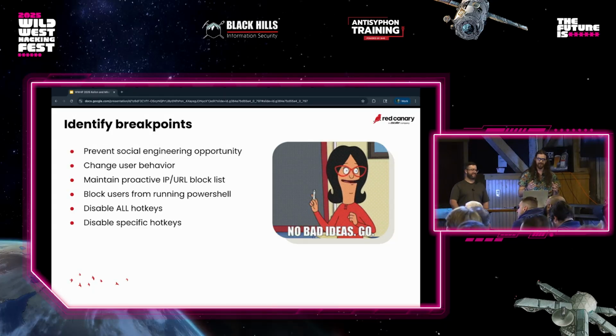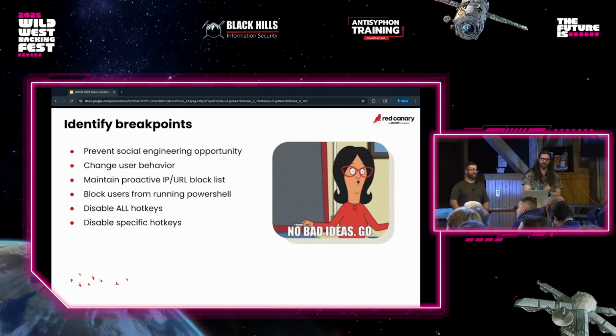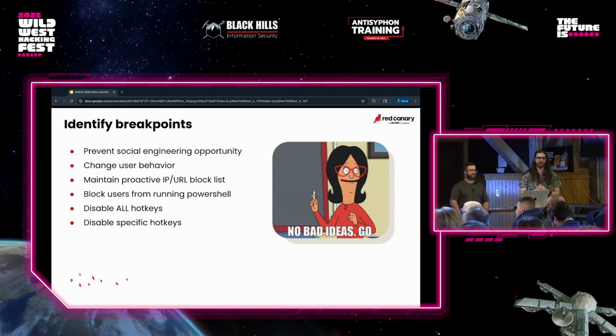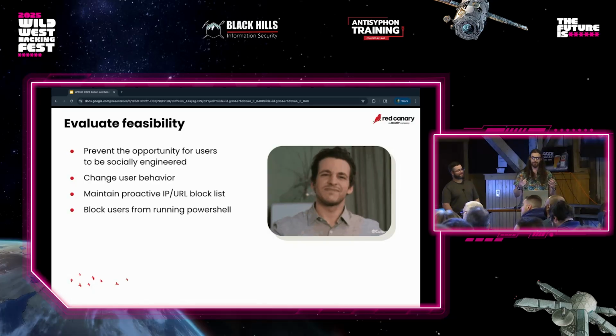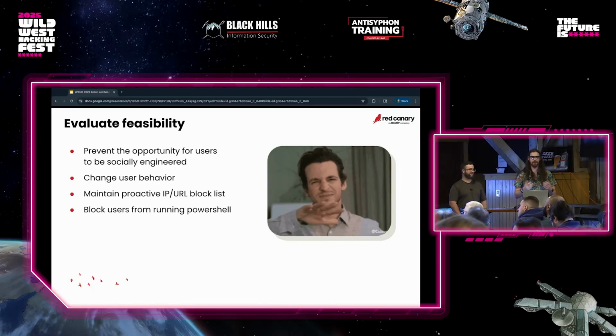But I think there may be some bad ideas in my list here, because we've talked about this. Preventing social engineering opportunity? Hard. If we could do that, we'd all have a very easy job. Changing user behavior? Not great. We could maintain proactive URL and IP block lists.